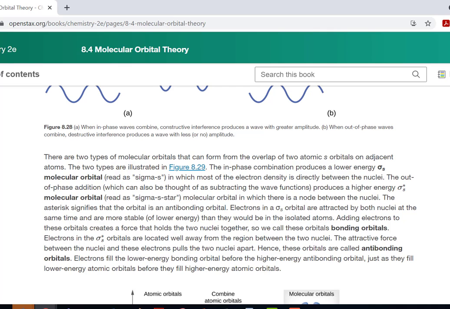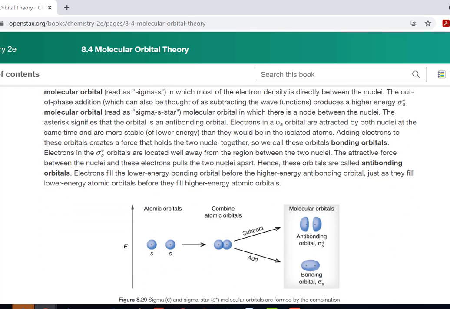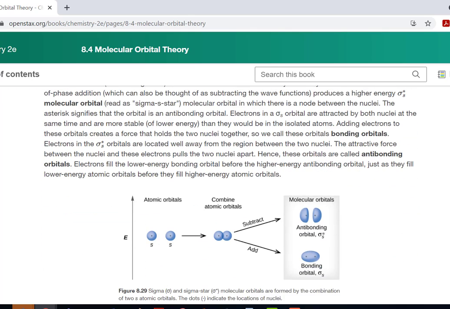Let's look at some examples of that down here. So if we start with just two s orbitals and combine those with molecular orbital theory, we would think of this as making two possibilities: a bonding orbital, where the waves are combining in a way that is more stable.